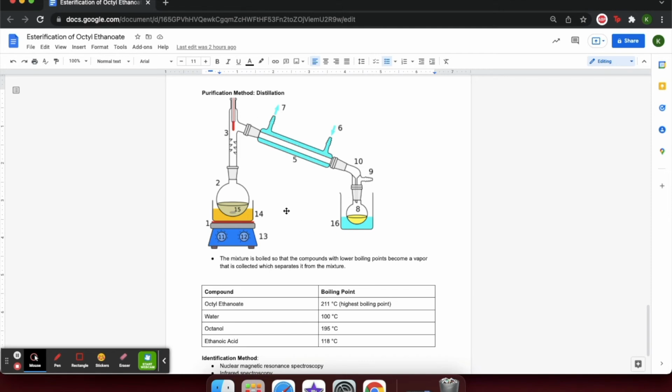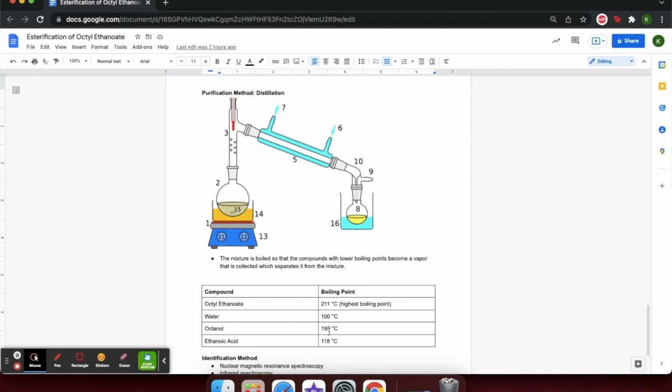And this will leave the octyl ethanoate in the flask. Because octyl ethanoate has the highest boiling point out of the three other compounds, it is going to evaporate or become a vapor last.